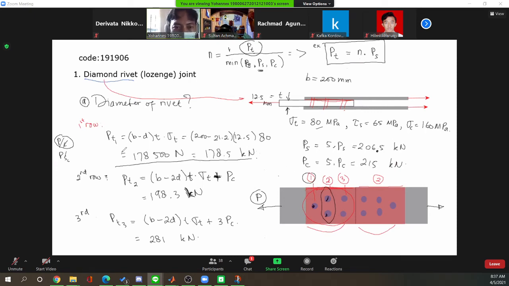And here we have the tensile resistance for each row, and the minimum is 178.5 kilonewton. So what is the efficiency of this joint? Which one determines the strength of this joint?